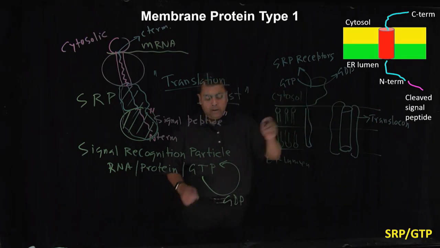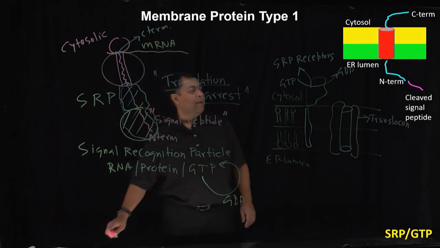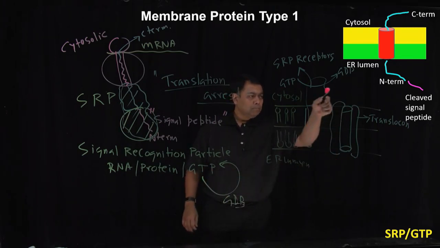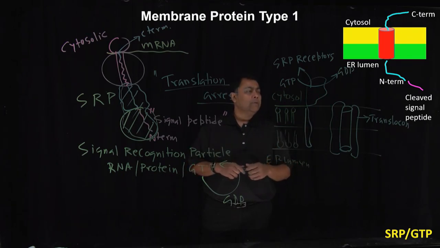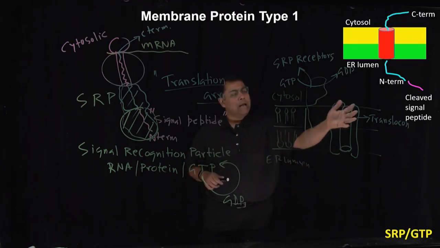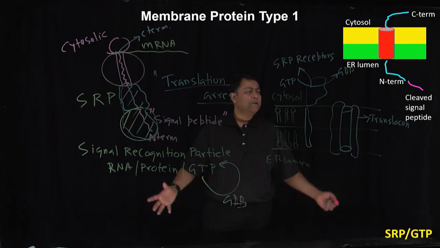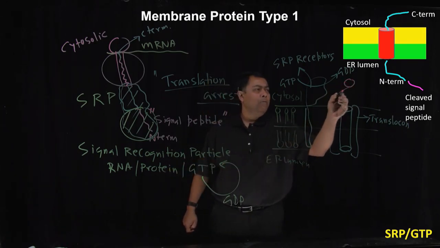This translocon is necessary, and it is present in the ER membrane to transport proteins through the ER membrane and insert them into the membrane. All of that is done by this translocon, which is a very large complex. So the ribosome is handed over to it.